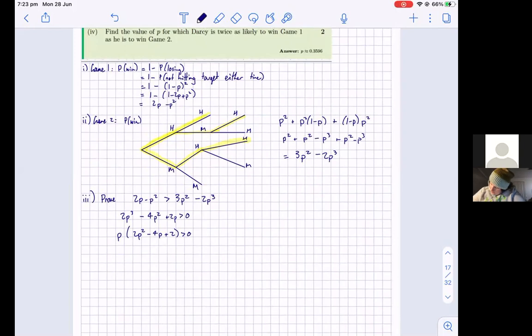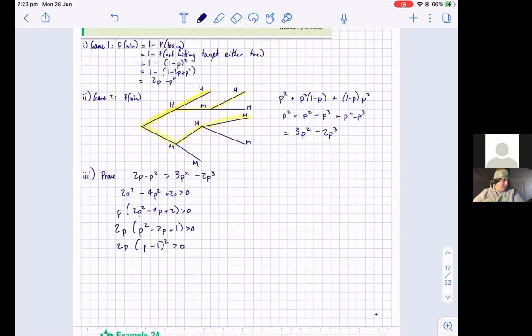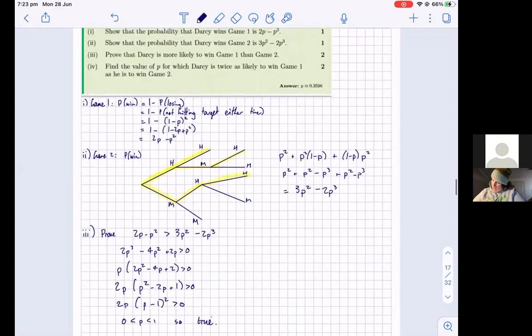Oh, of course, I could have taken the 2 out as well. P squared take 2p plus 1. So we've got 2p times, this is the same as p take 1 squared. We know p is between 0 and 1. So this is positive and this is positive. So true. Okay, that's all we had to show.